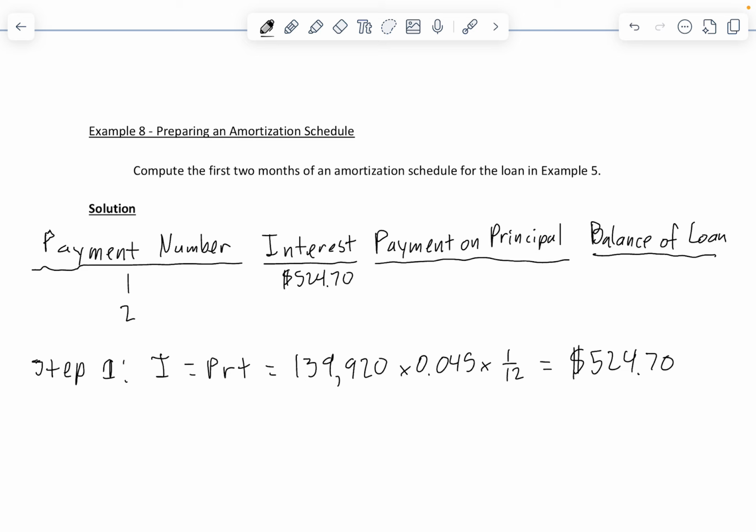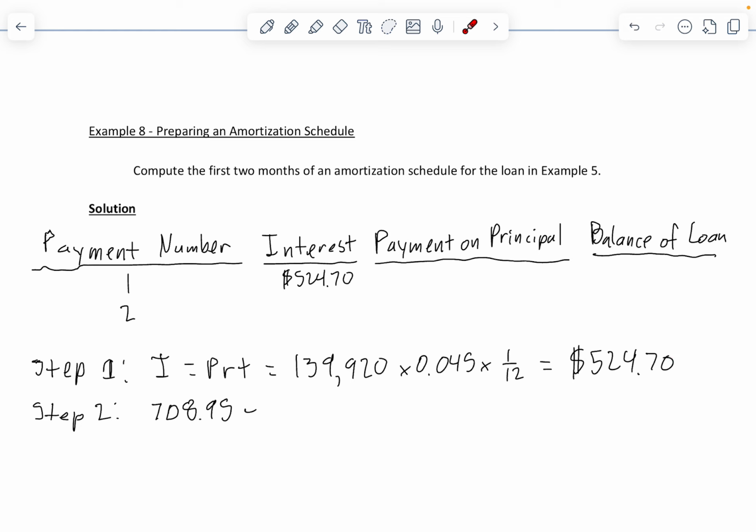Payment on principal. Okay, step two, we want to find the number that goes right here, the payment on principal number. Okay, so remember that from what we calculated earlier, the monthly payment was $708.95, and we're saying that the very first payment, this amount of that payment is interest, and what's left over goes towards the principal.